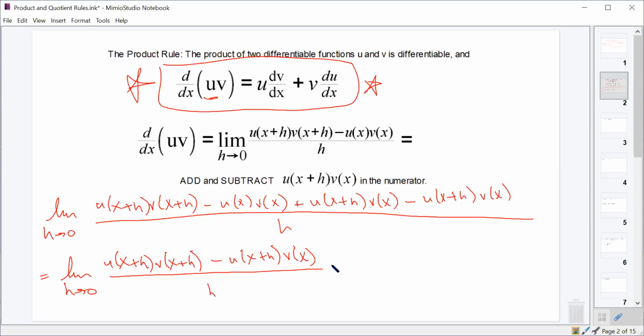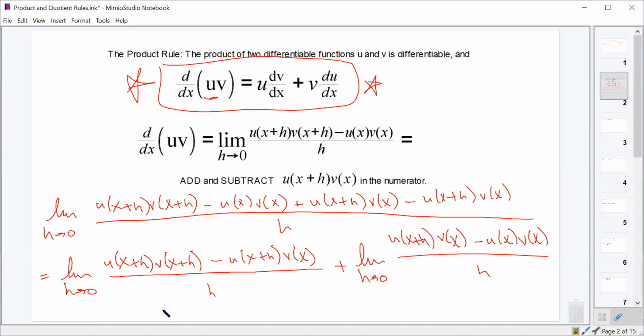That's going to leave me with the other two terms: the limit as h approaches 0 of u of x plus h v of x minus u of x v of x, all over h. Do you guys agree with that? Yeah. Okay, cool.